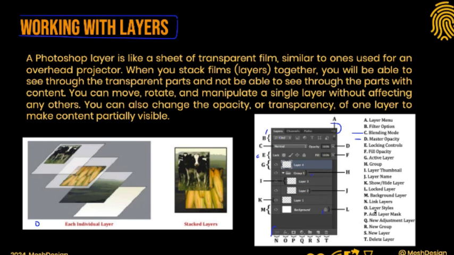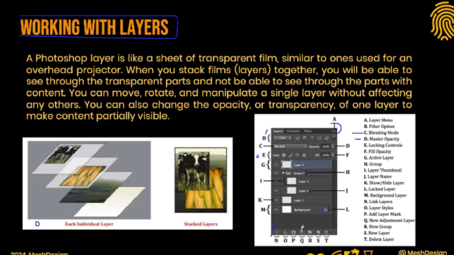Alright. And then O is for layer style. That's its functionality, but we'll see what it does. And then P is for our layer mask.